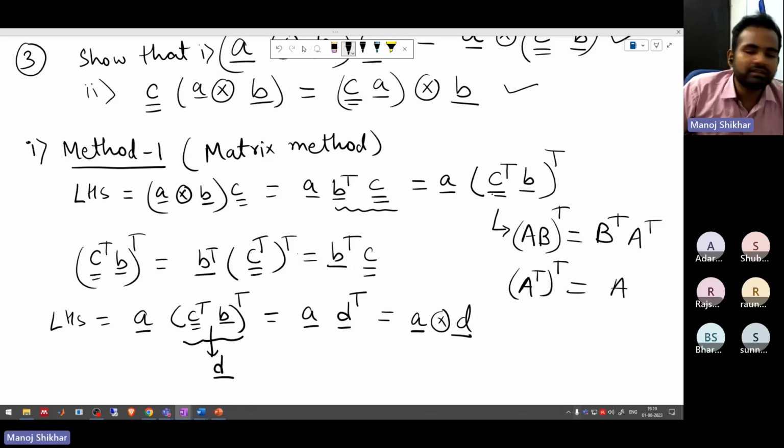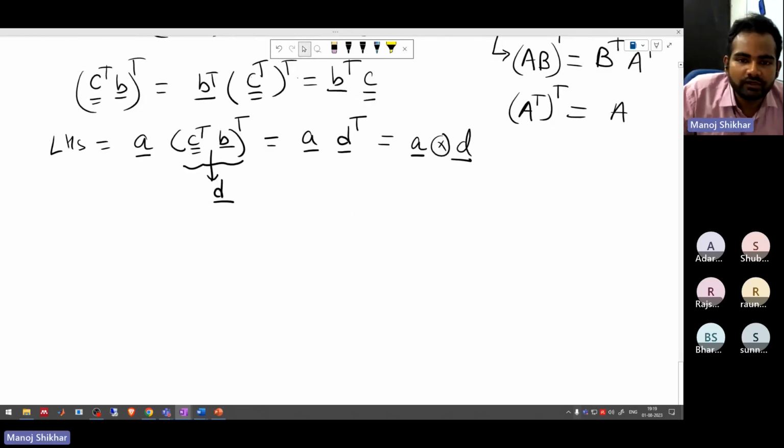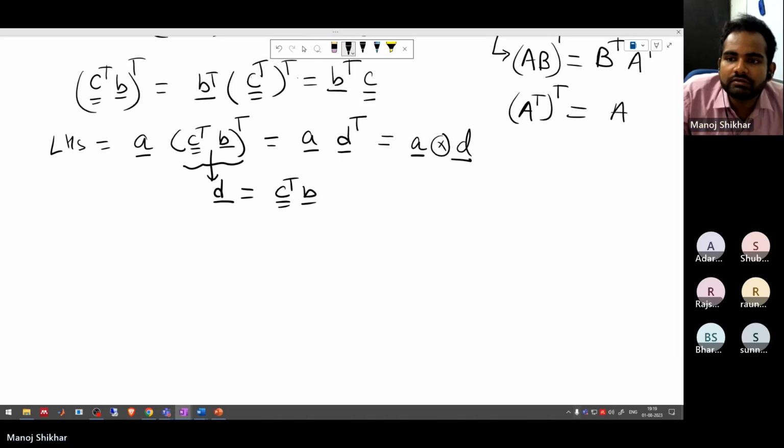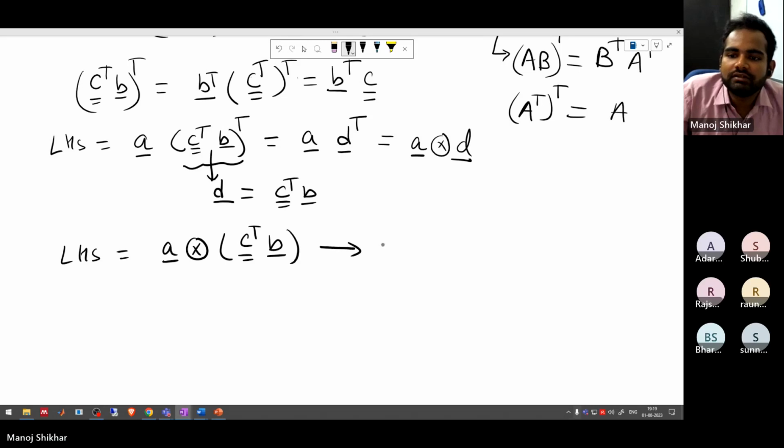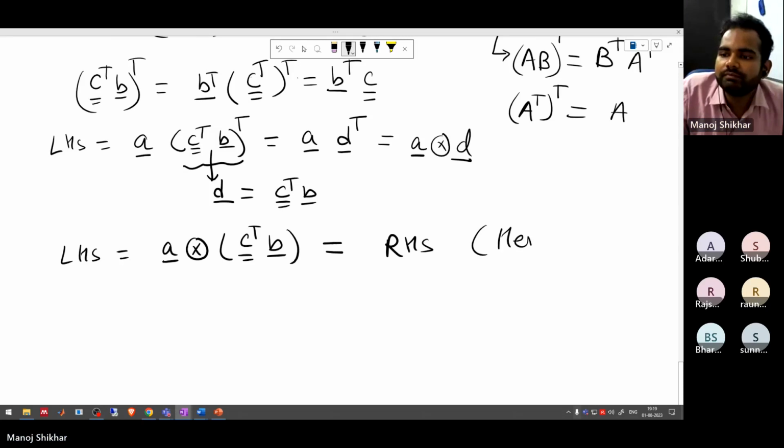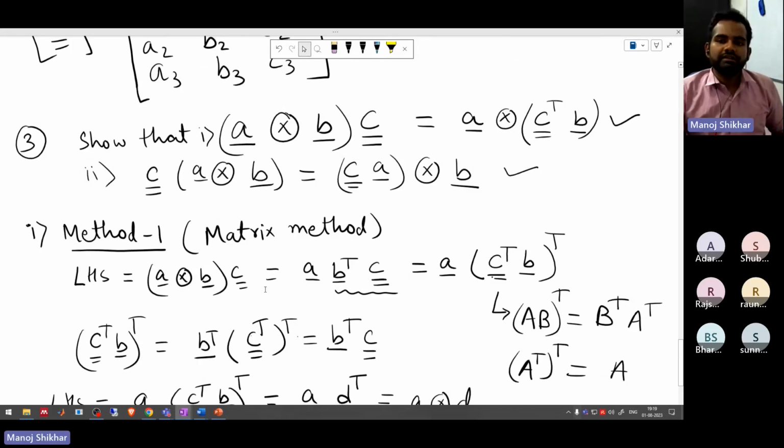It is a dyadic product of A with D. Now we will replace D. D was C transpose B. So in this expression, we will replace D. So LHS will be equal to A into dyadic of C transpose B. This is equal to RHS actually. If you look at the question I had given, equal to RHS, hence proved.